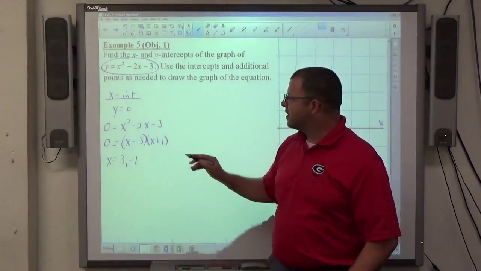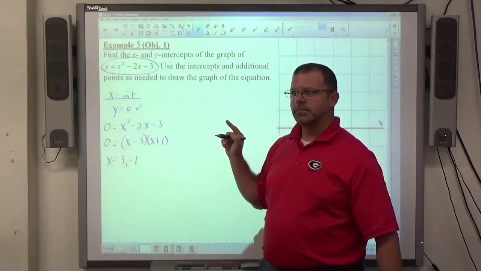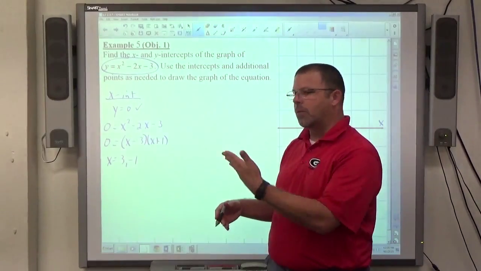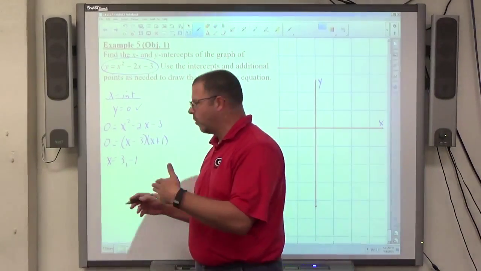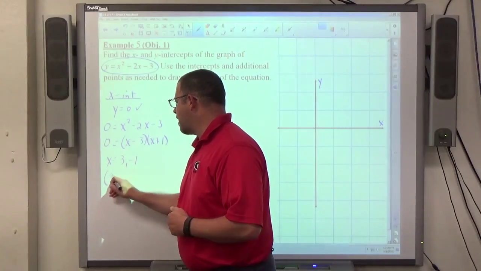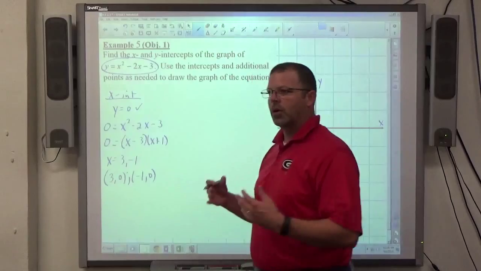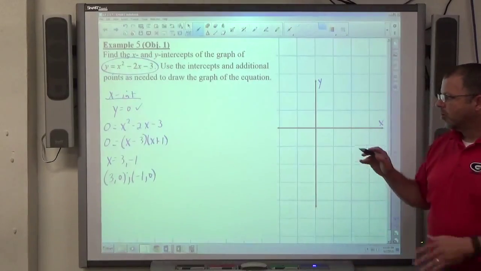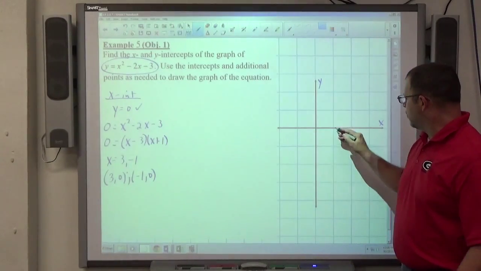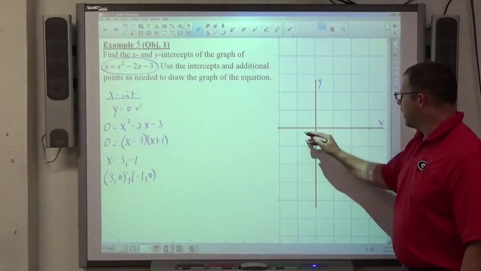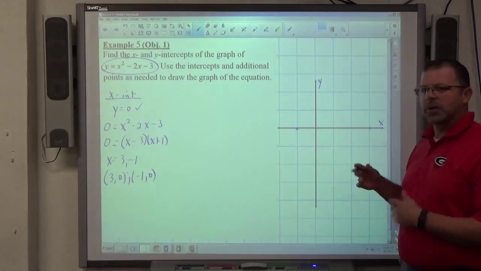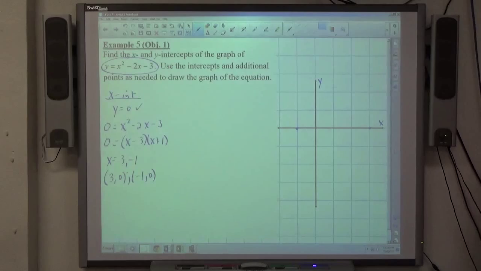We've already established that y equals 0, so the points I get on my graph are 3, 0 and negative 1, 0, the x-intercepts. So 3, 0 is a point, and negative 1, 0 is a point. Those 2 points lie on my curve.